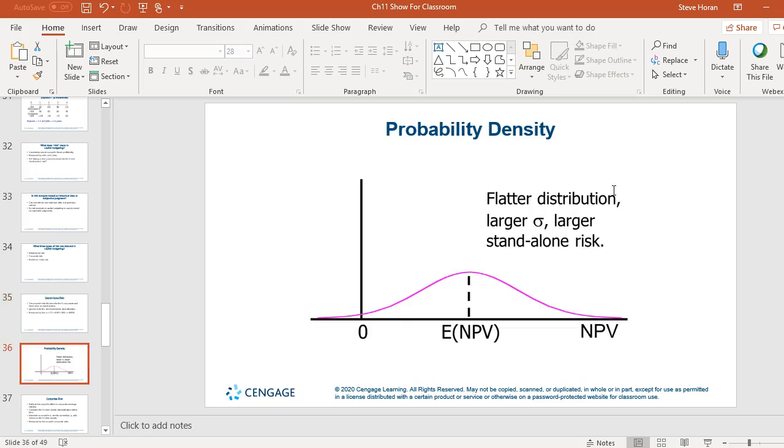And then probability density is going through that process of saying, what's the probability of certain returns? The expected return would be the highest NPV, but the flatter that distribution is, the larger the standard deviation, the larger the standalone risk. And so the steeper that is, the less standalone risk there is.